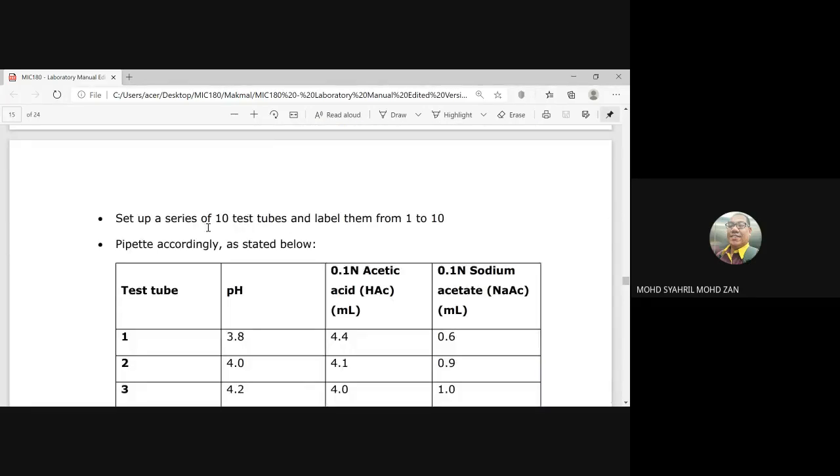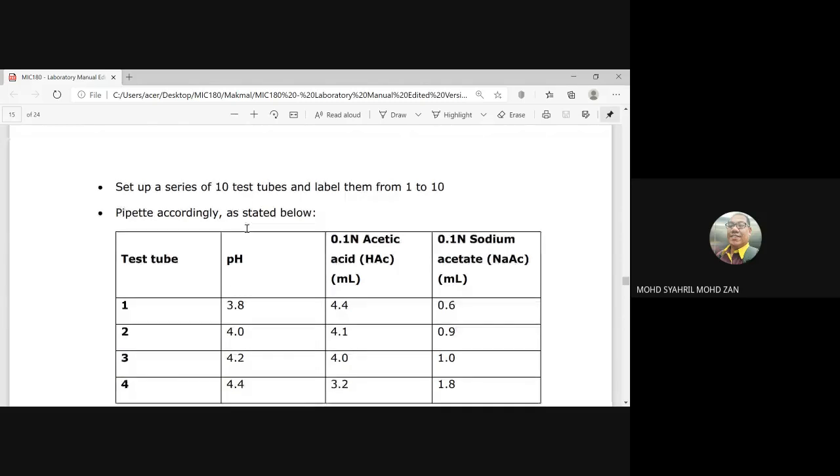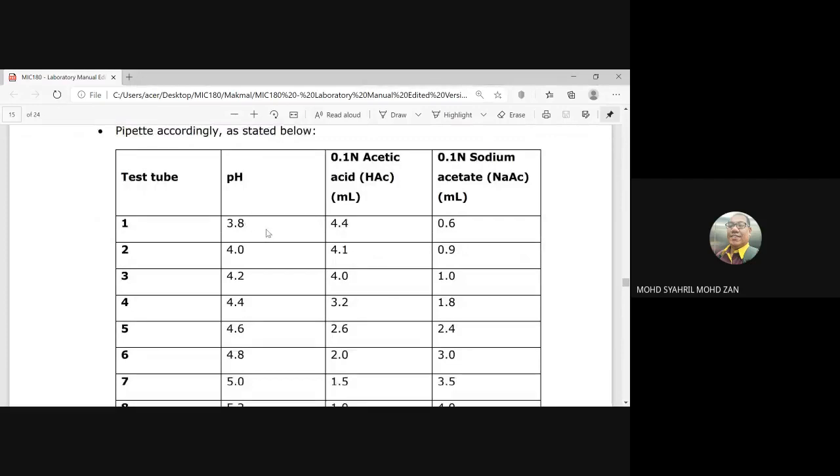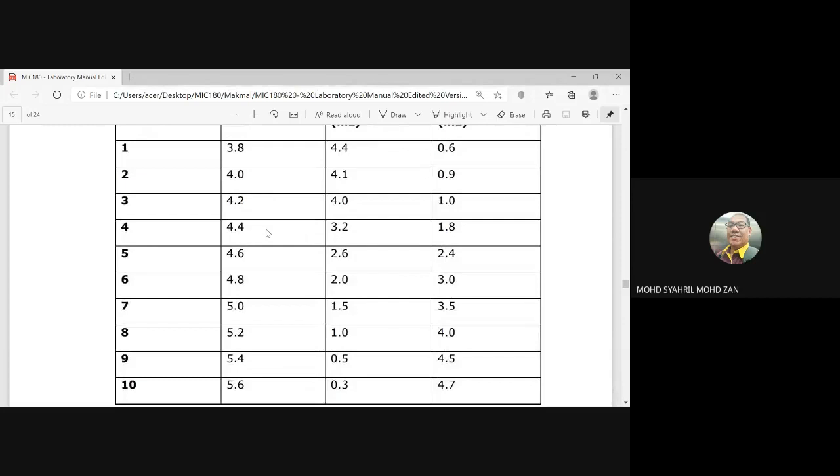Now you have to set up a series of 10 test tubes, labeled from 1 to 10. So for each test tube, you have to get exactly the pH of 3.8, 4.0, 4.2, 4.4, 4.6, 4.8, 5.0, 5.2, 5.4, 5.6.